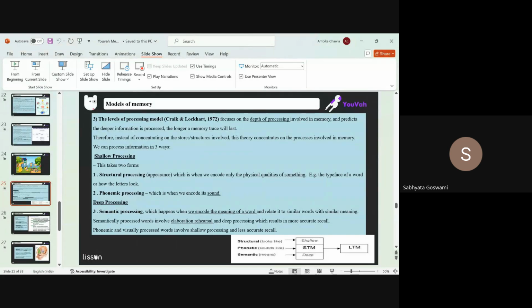So what you remember is more of the overall theme of the picture, that the kids were playing in the playground, rather than exactly what the kids were wearing or what colors were there. So rather than the physical qualities, you remember the semantic aspect of the picture. Right? This is exactly what the model proposed, that we tend to forget or not process physical and auditory information as deeply as semantic information. Can we move forward?